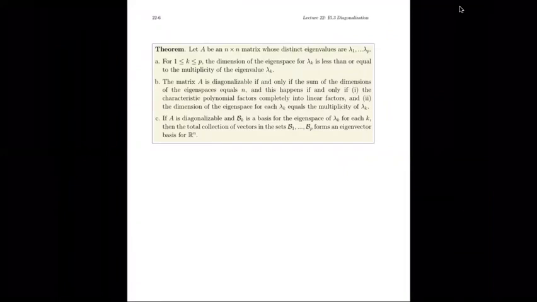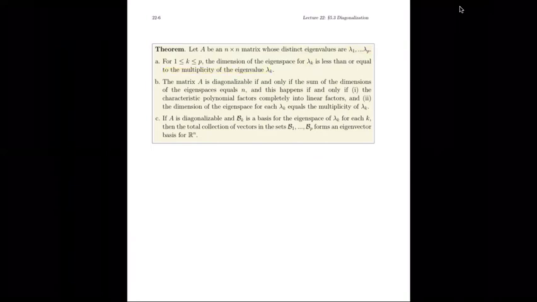So if we have an n by n matrix whose distinct eigenvalues are lambda 1 through lambda p, so notice I'm not saying lambda n, maybe some of the eigenvalues have algebraic multiplicity greater than 1, so some might be repeated. For any one of our lambda k's, the dimension of the eigenspace of any given eigenvalue is less than or equal to the multiplicity of the eigenvalue.